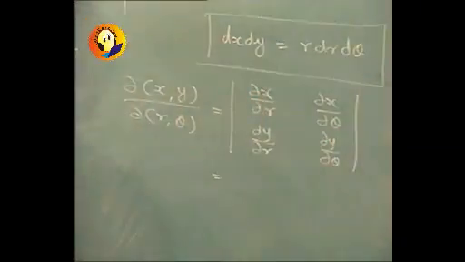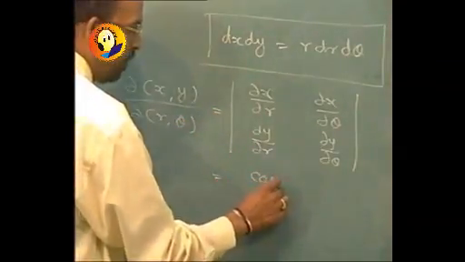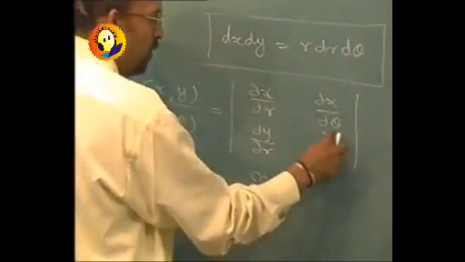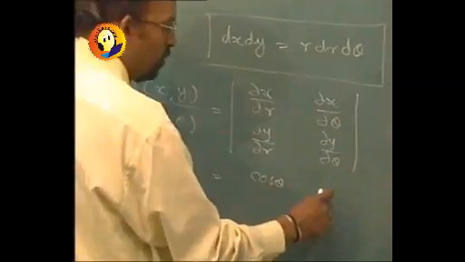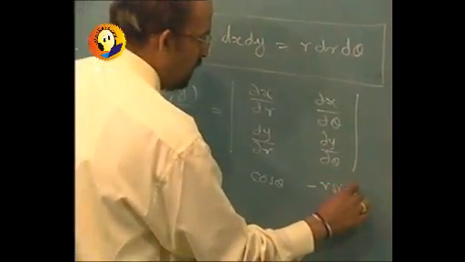Del x by del r, when x is written as r cos theta, will be simply cos theta. Del x by del theta, r is constant, you are differentiating cos theta with respect to theta, it will be minus sin theta, so it will be minus r sin theta.